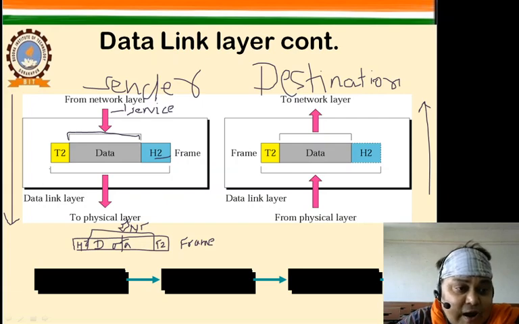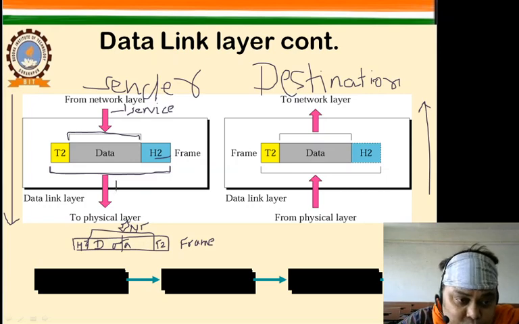So after creating the framing, you are giving this cover. This is one service of your data link layer. You have done all the responsibility and pass to the lower layer.